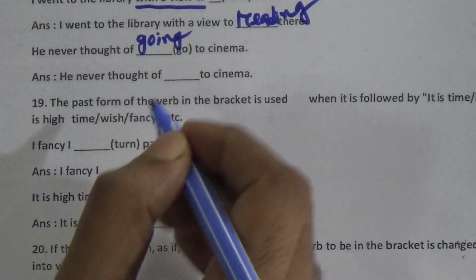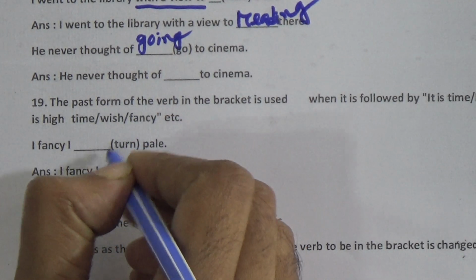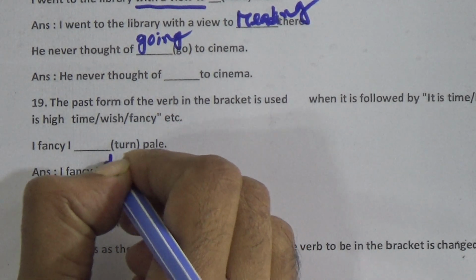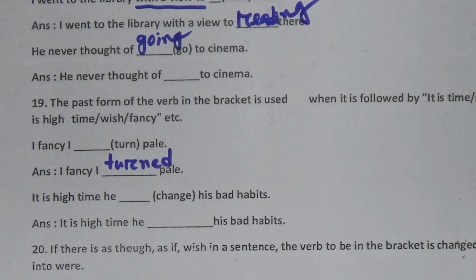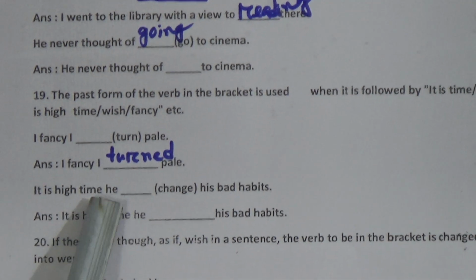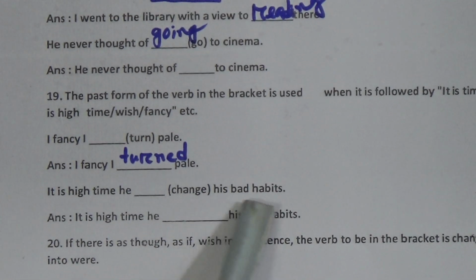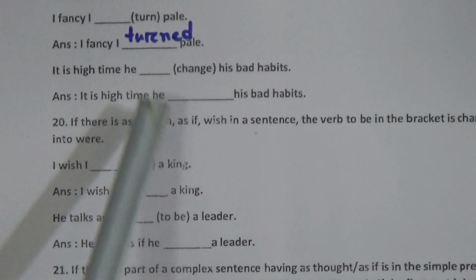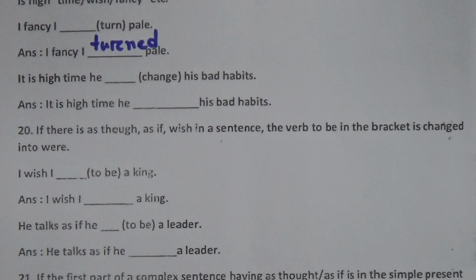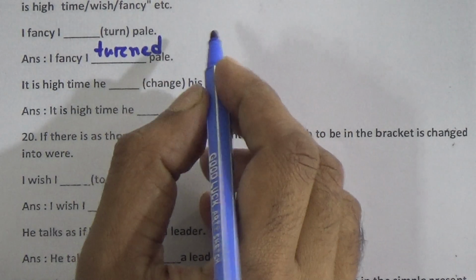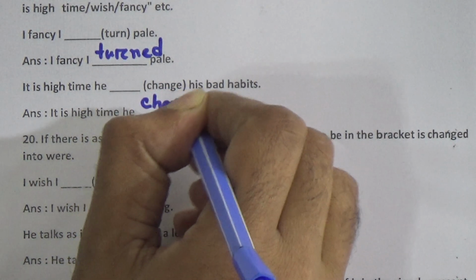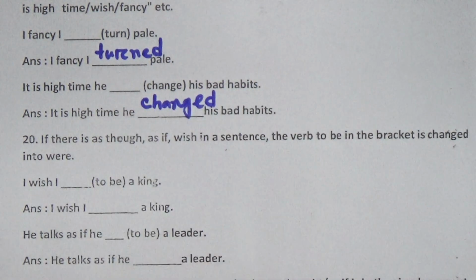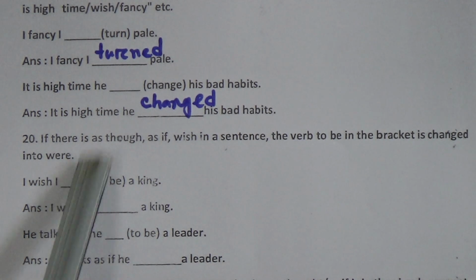The verb in the bracket, turn, will be turned, T-U-R-N-E-D. Turned. It is high time he (change) his bad habits. As we have learned from the rule, it will be the past form of the verb in the bracket: changed. It is high time he changed his bad habits.